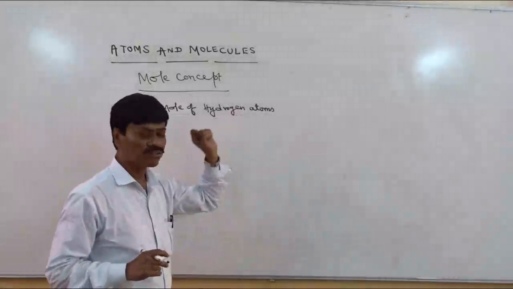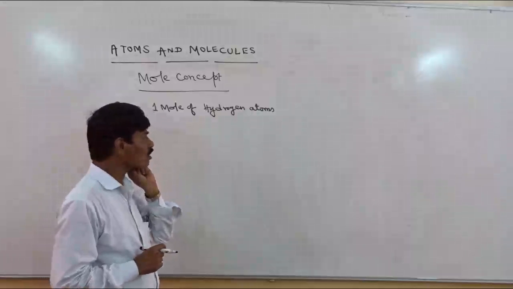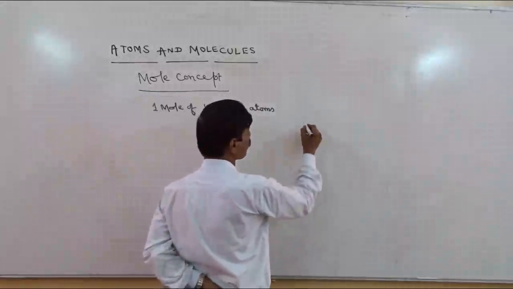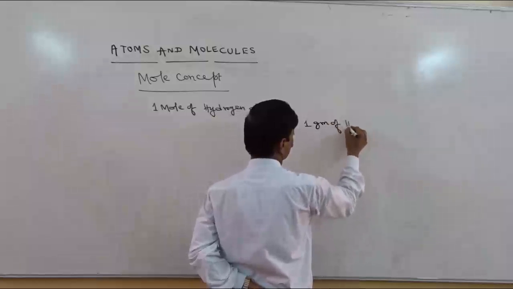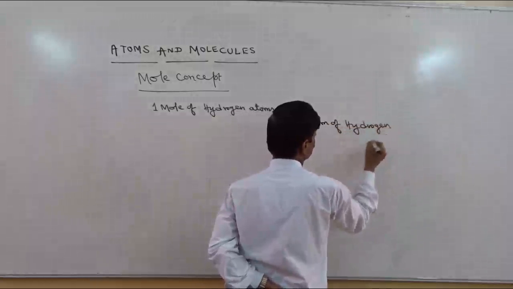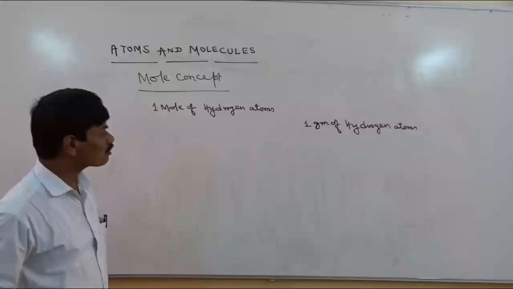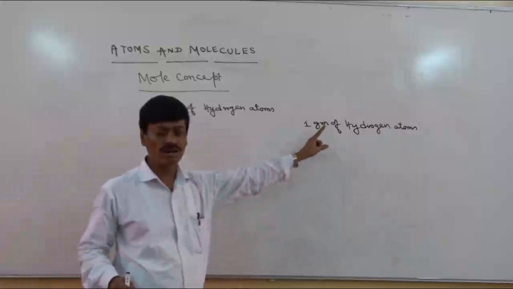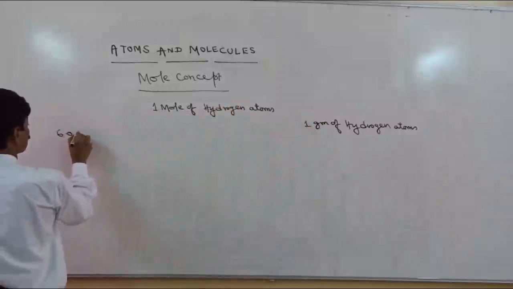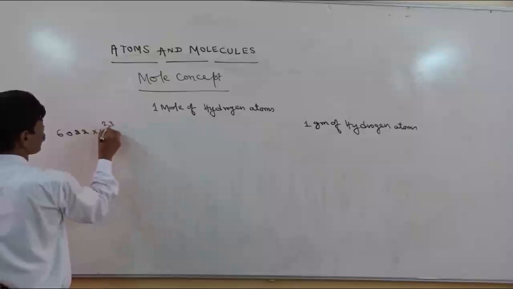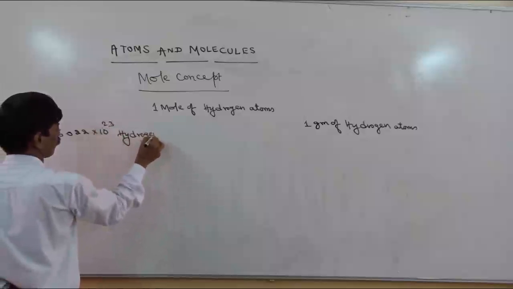The mass of one hydrogen atom is 1 u, and the gram atomic mass or molar mass of hydrogen is 1 gram. So we can write 1 gram of hydrogen atoms. Here 1 mole of hydrogen atoms means 1 gram of hydrogen atoms. This is the molar mass of hydrogen, and that will have 6.022 × 10^23 hydrogen atoms.